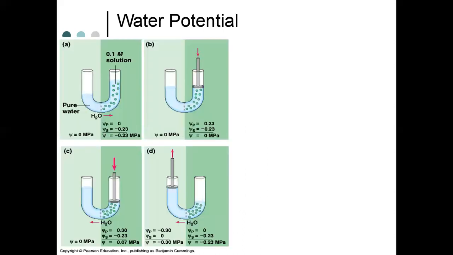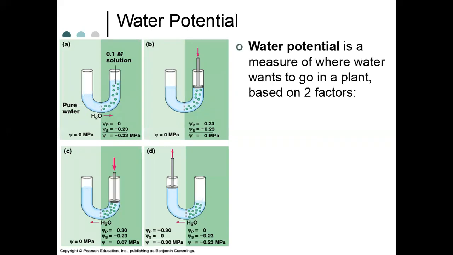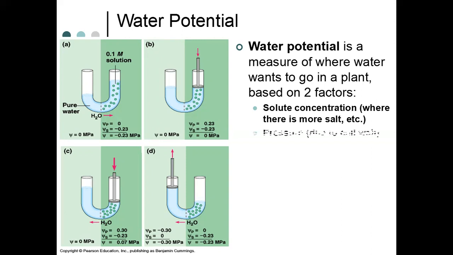Water potential. What is water potential? We can define water potential as a measure of how much water wants to go into a plant, based on two factors. The first factor is solute concentration, where there is more salt. We can define this in three terms: isotonic, hypertonic and hypotonic.